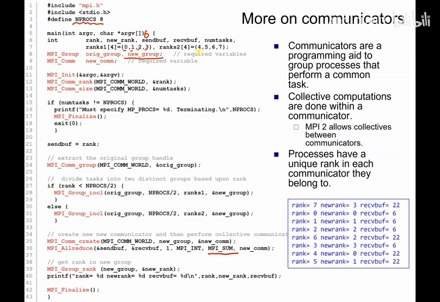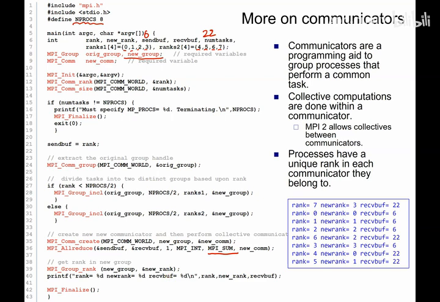If you're in the second group, you're adding up these values, and it's going to be 22, the sum of these 4 values. Finally, you print out your old rank, your new rank, and the all reduce value, your receive buffer value.